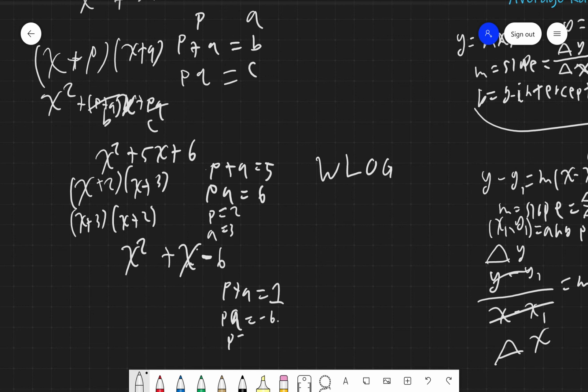What we get is that p equals -2 and q equals 3, or vice versa. And that gets us to x minus 2 times x plus 3. Check it out, you get it. Cool.